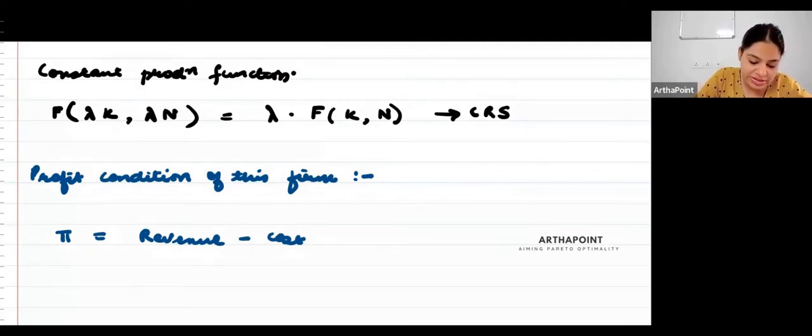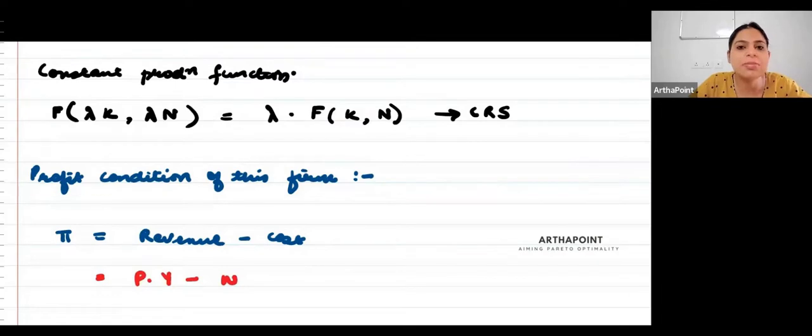So I can rewrite this as PY minus W. Labor here I am representing by N. Many books, including Dornbusch, would refer to labor by N also. So it's up to you how you represent it, because labor is the employed people in the economy. So they use N also. Sometimes they use E also. So Wn minus Rk bar.